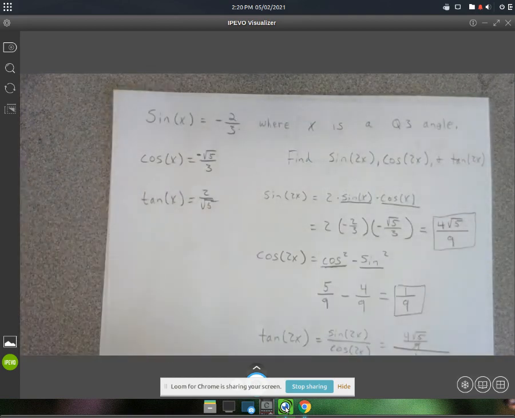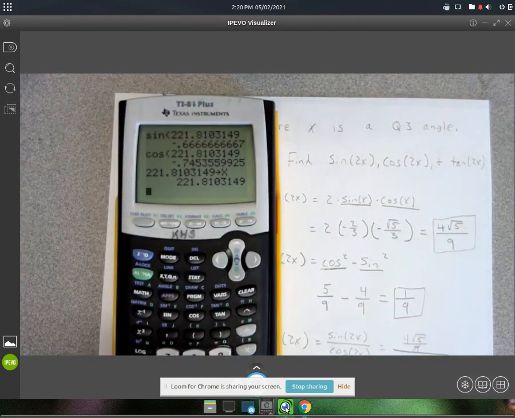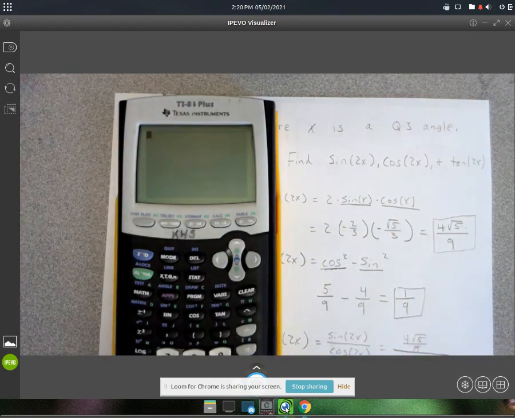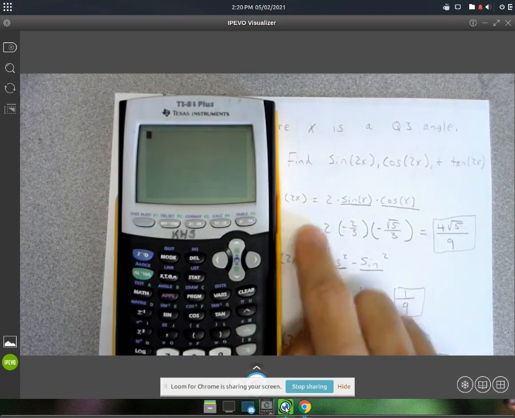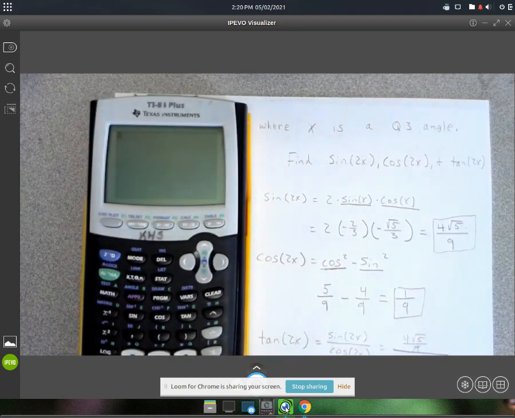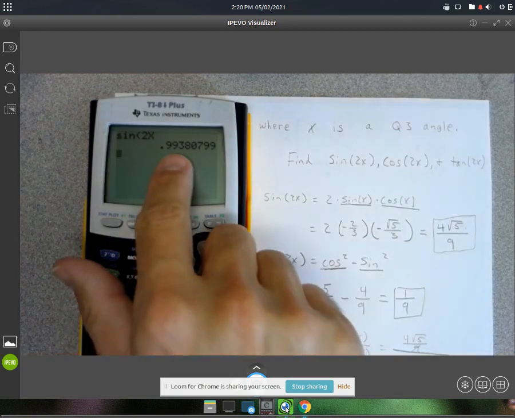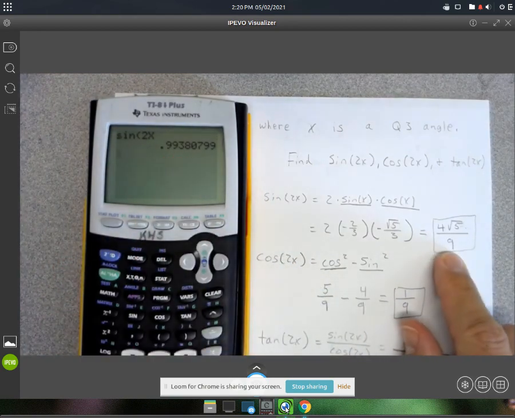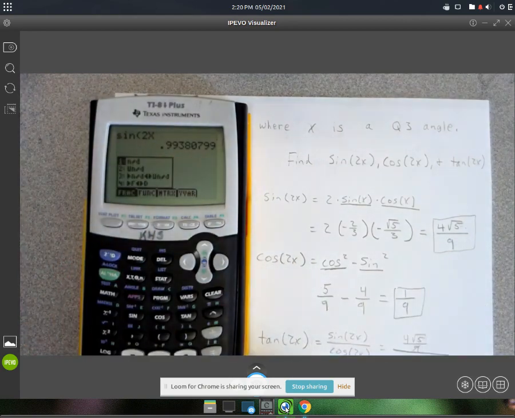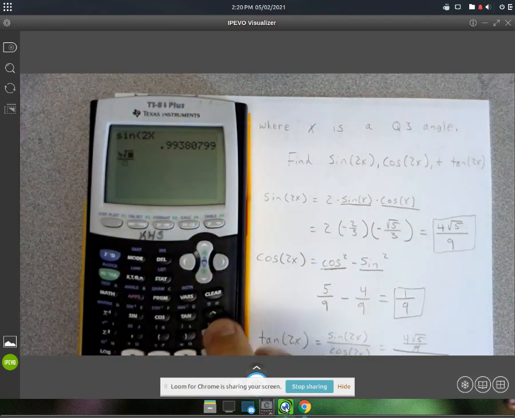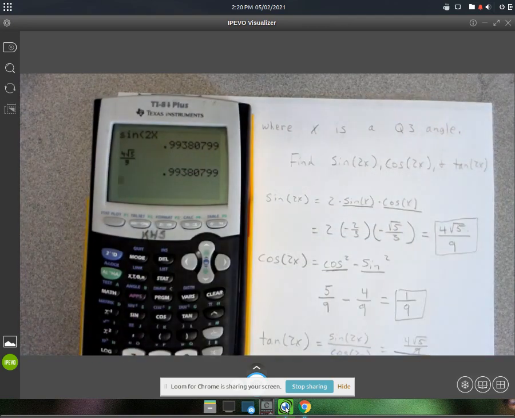Okay, now I'll check my answer over here. So I found x and I stored that angle to x. Now I'm going to say sine of 2x. Sine of 2x gives me 0.9938. If I find this answer here, 4√5 over 9, I get the exact same thing.